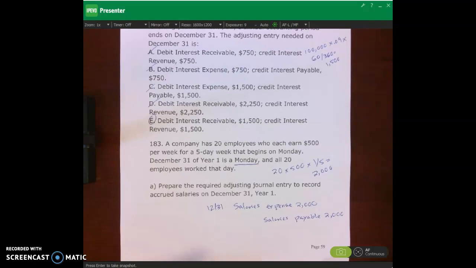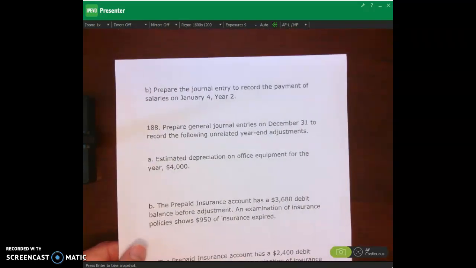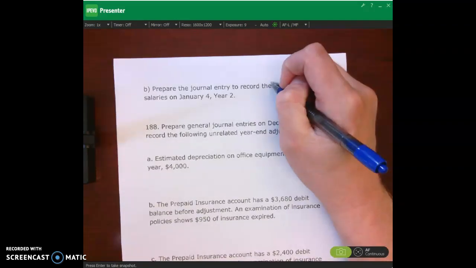Now, let's look at our journal entry on January 4th, which is when we have to pay them, in the next year. So you should know right away that we're going to credit cash because we have to pay them. So we look over here, how much are we going to credit cash for?